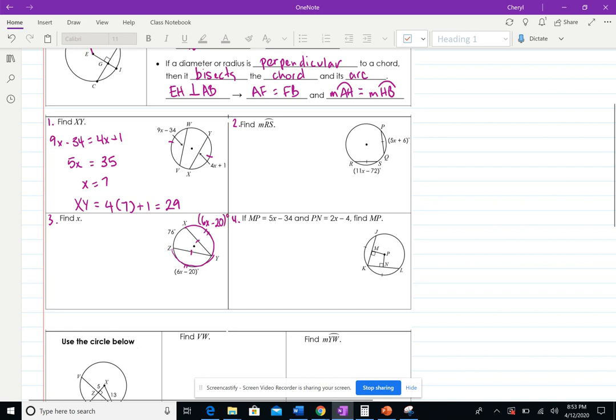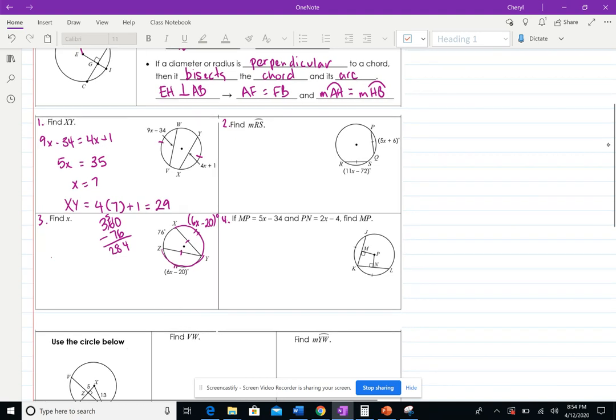We know that a whole circle is 360, so let's find 360 minus 76 to find what these arcs could be. That's 284. So we know that 6x minus 20 plus 6x minus 20 is going to be 284.